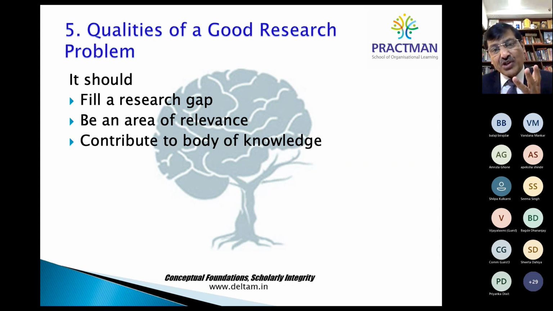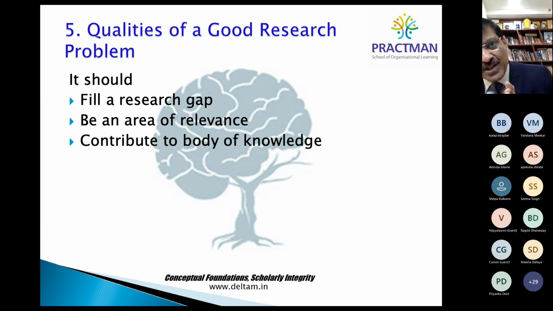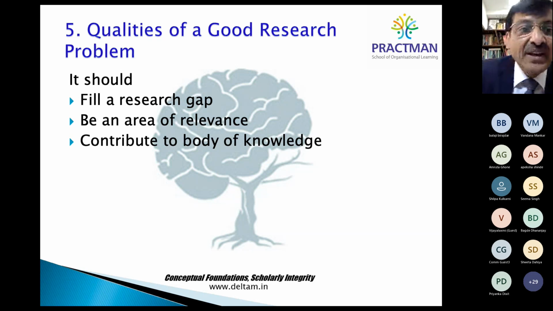Contribution in terms of nature: theoretical, methodological, or data you should be generating. Contribution in terms of scope: you might be creating something new, revising, detailing, differentiating, integrating, etc. And contribution in terms of context: you will be doing research either in a new time period or in a new space, new geography, new segment.